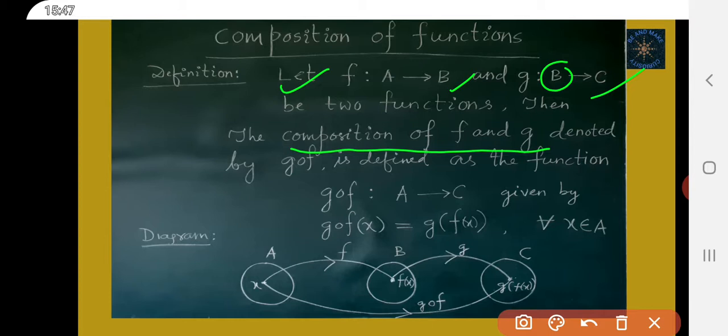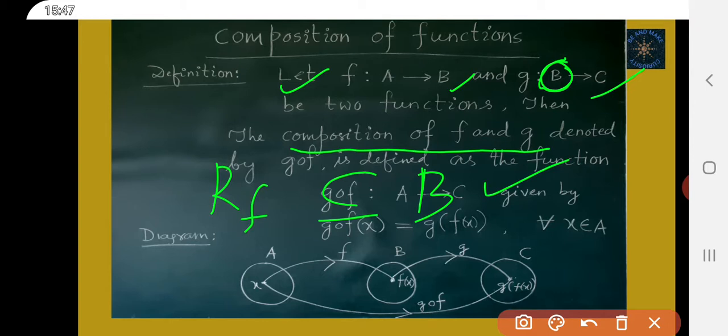Here the range of f is always a subset of B. Here you see the range of f is a subset of or equal to the domain of function g.